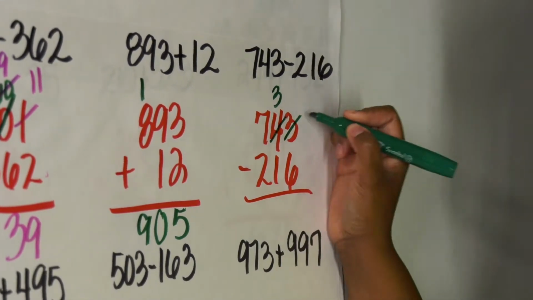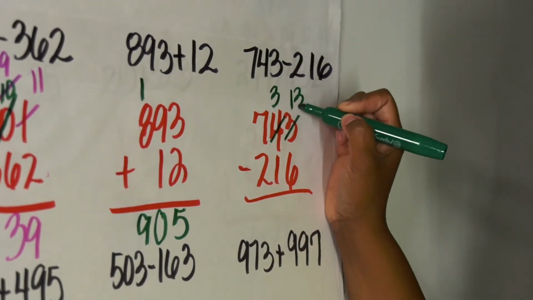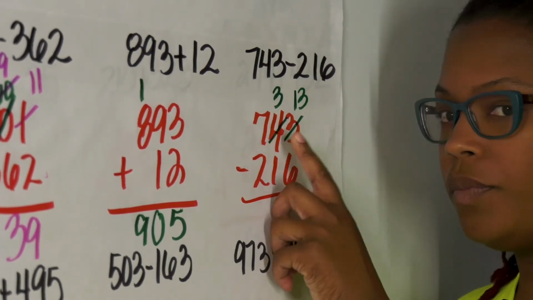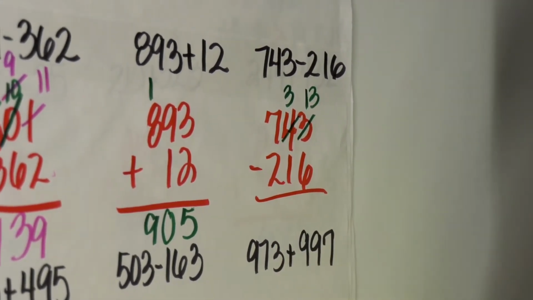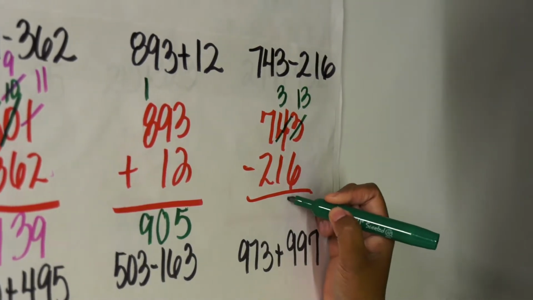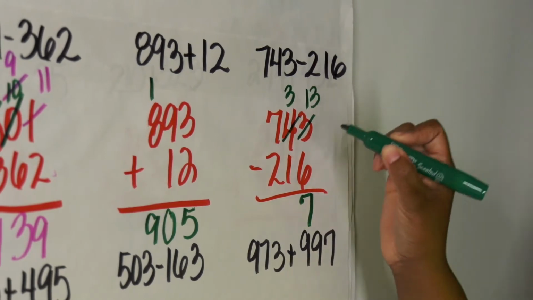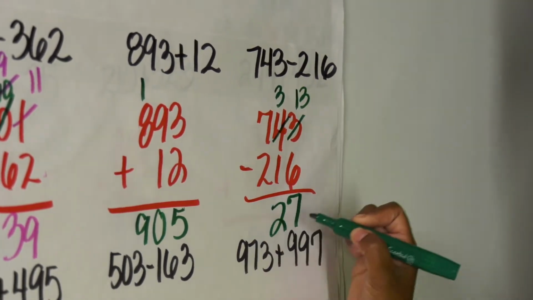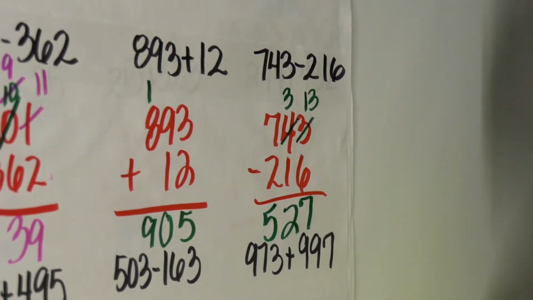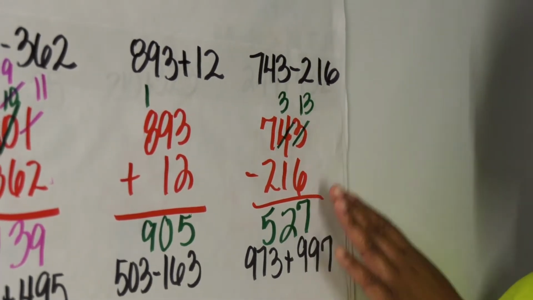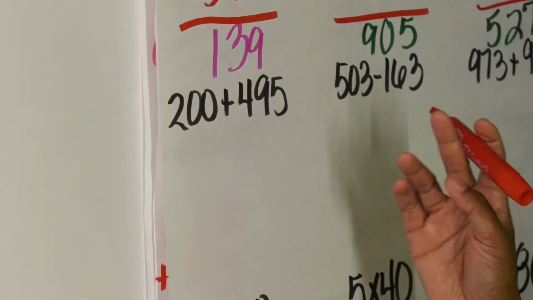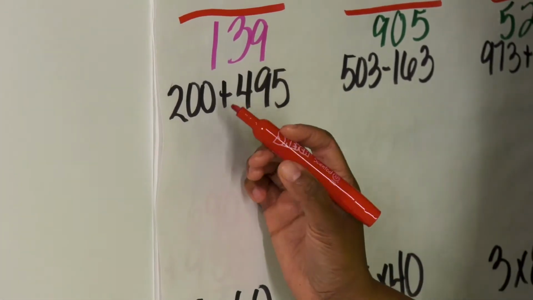And now we're going to add 10 to our 3 here, and that's 13. I added 10 because I borrowed from one place value over in the tens place. So 13 minus 6 is 7. 3 minus 1 is 2. And 7 minus 2 is 5. Okay? 527.